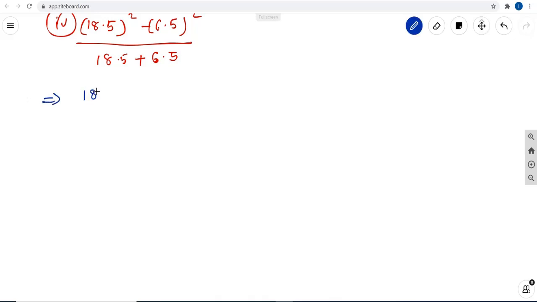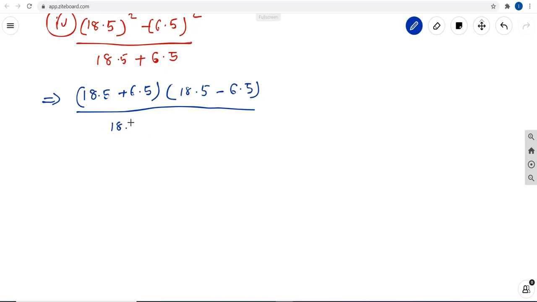So it is 18.5 plus 6.5, into 18.5 minus 6.5, divided by 18.5 plus 6.5. Now if you see, this term and this term are the same.